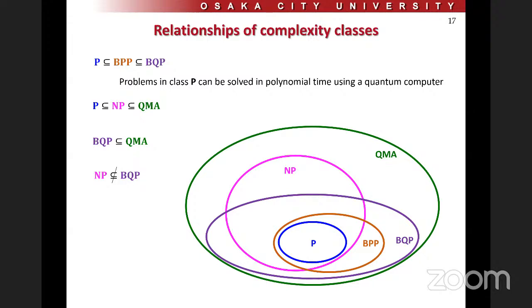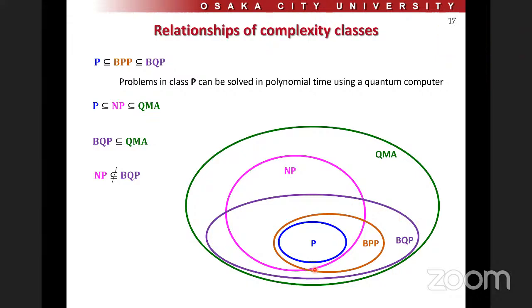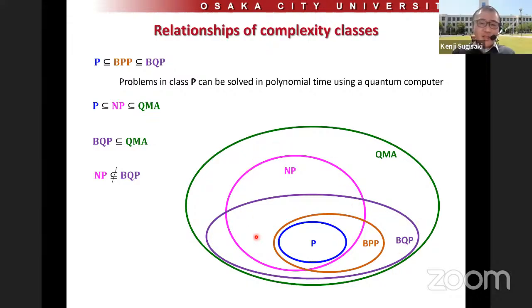Basically, some of the BQP problems are outside of NP, and also some of the NP problems are outside of BQP. So this means that some of the NP problems can be solved in polynomial time using a quantum computer. The problems in this area can be solved by a quantum computer in polynomial time.